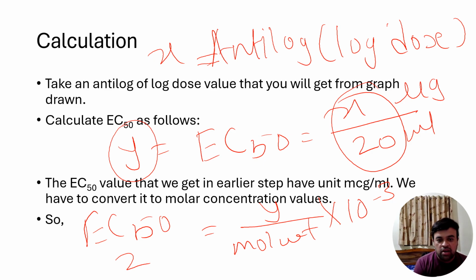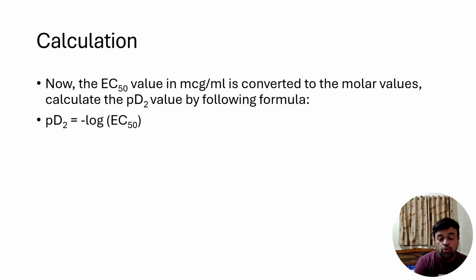Now how to calculate the pD2 value from the molar concentration value of the EC50? The formula is pD2 is equal to minus log of EC50.